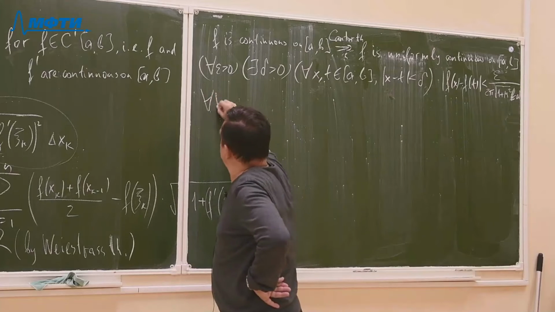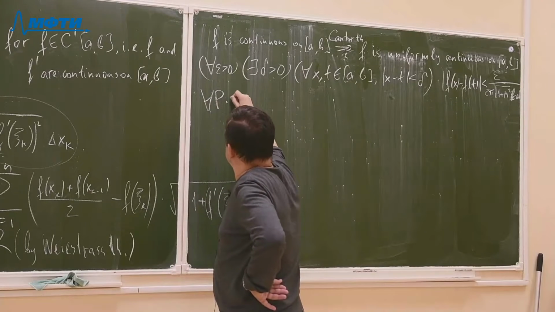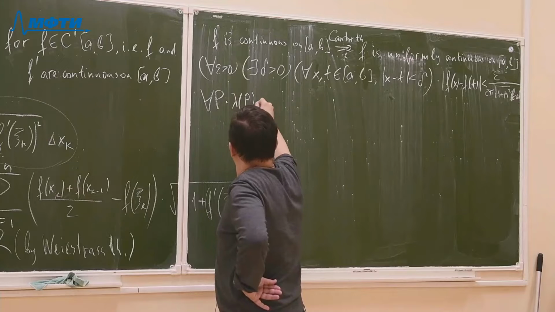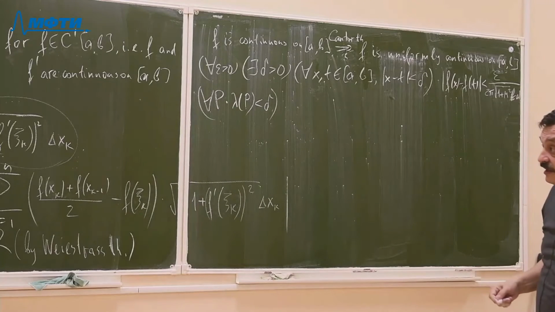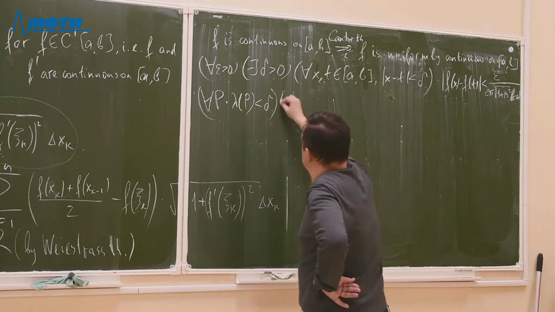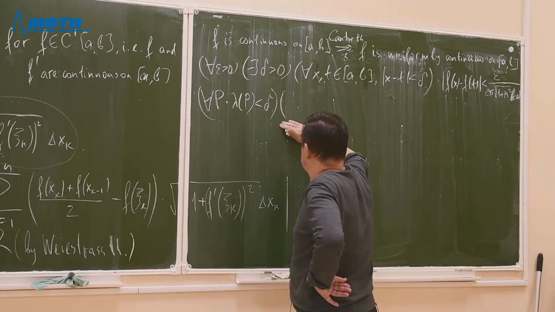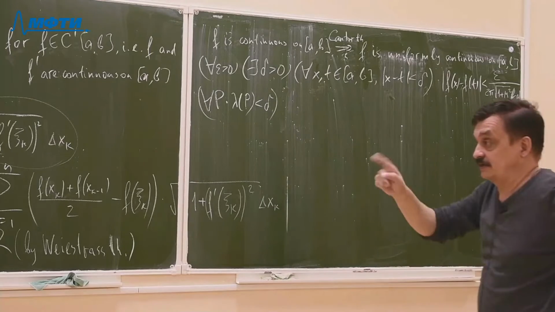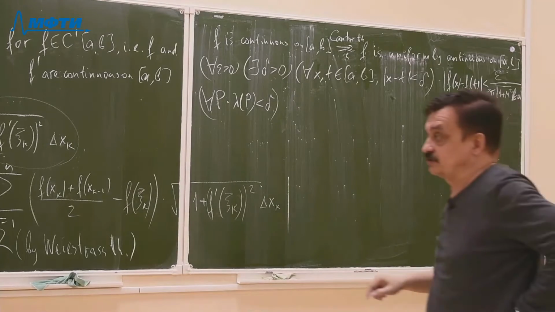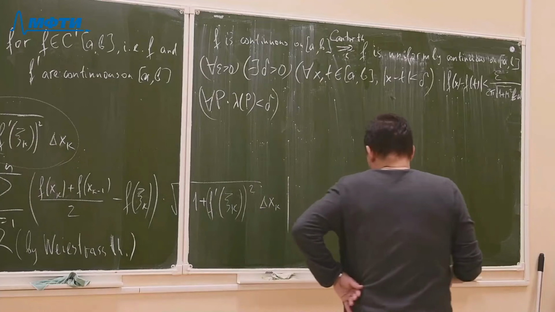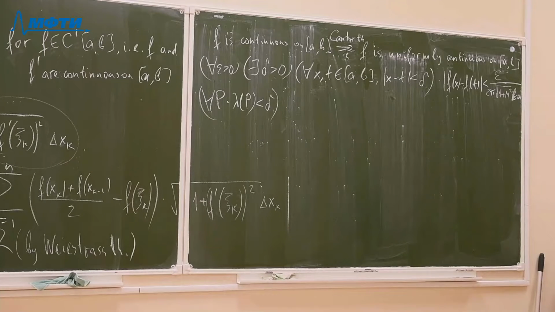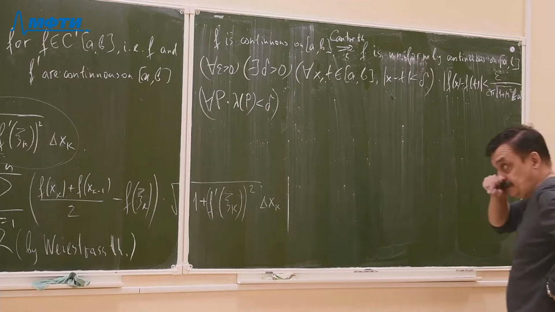Now, for arbitrary partition P such that the norm of this partition is less than delta, and for xi, not arbitrary, sorry, xi were chosen in a special way by Lagrange theorem. So we proceed as follows.